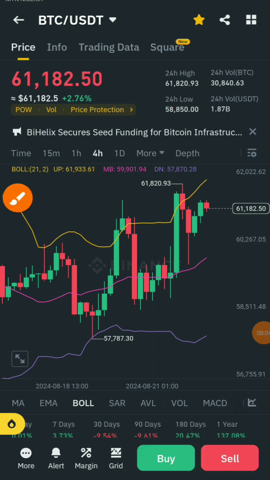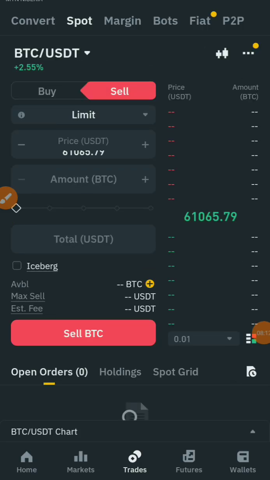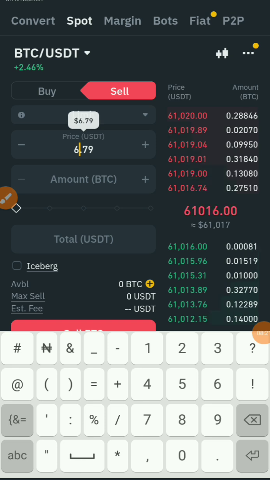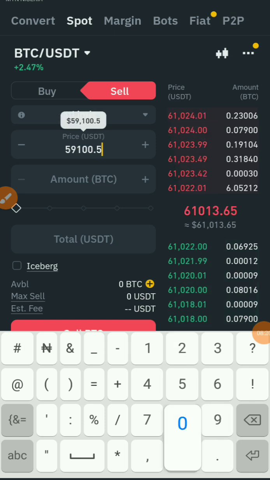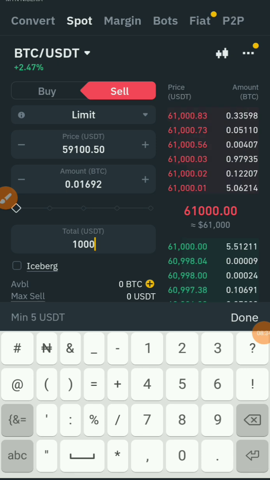Okay, had it been you bought it, let's assume this coin now is the current price of BTC, let's assume it's at 59,100. So let's set it to 59,100.50, and you bought BTC, let's say $1,000.